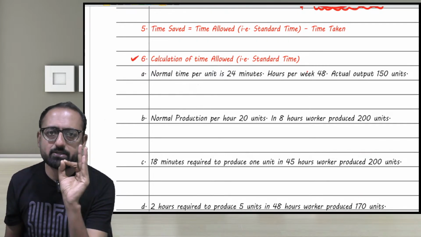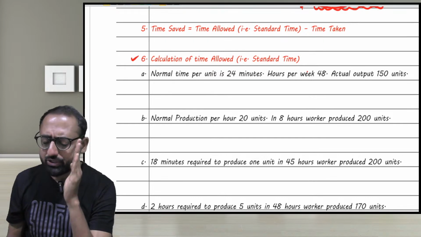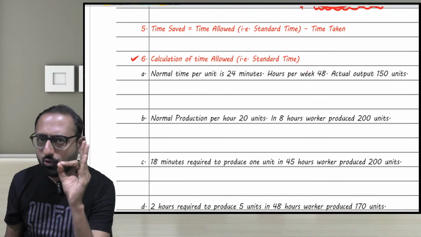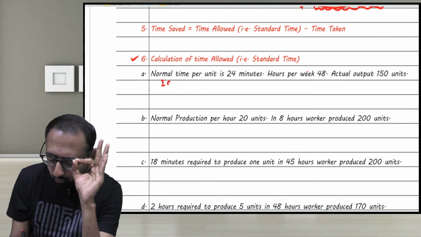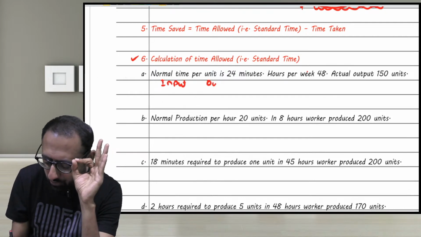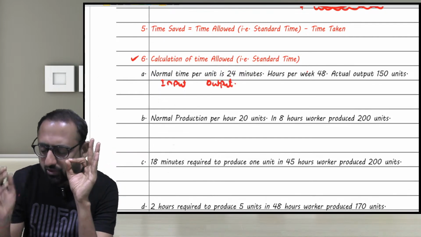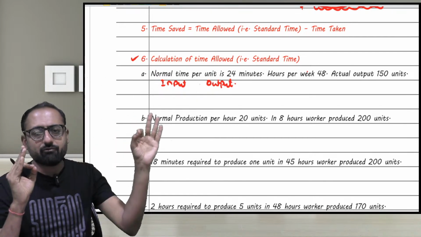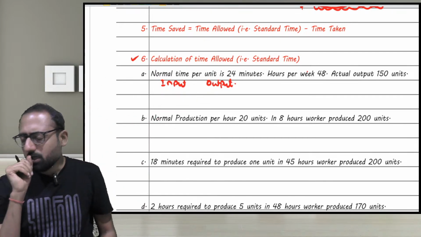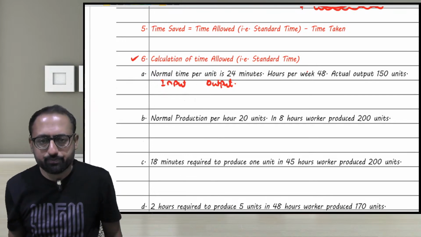Remember my wording: for calculation of time allowed, you compulsorily have to use the input and output ratio. For every question, you'll have to apply this.